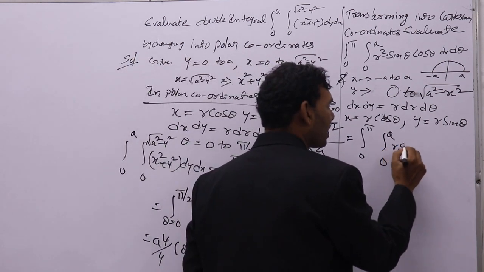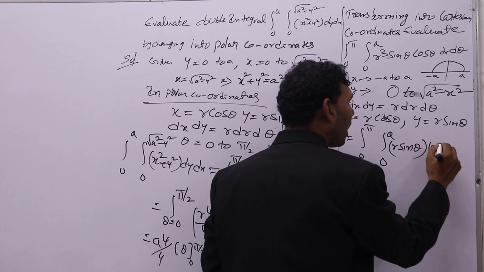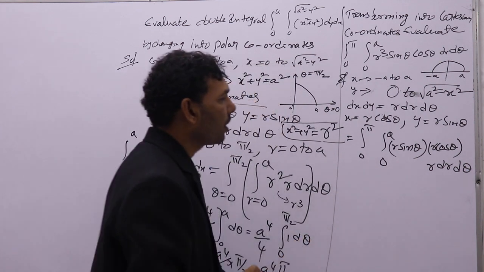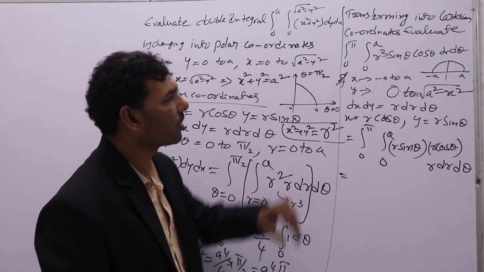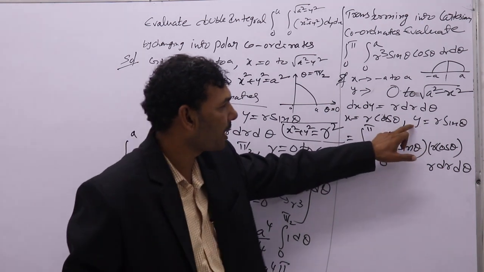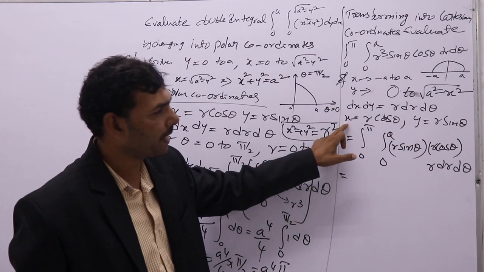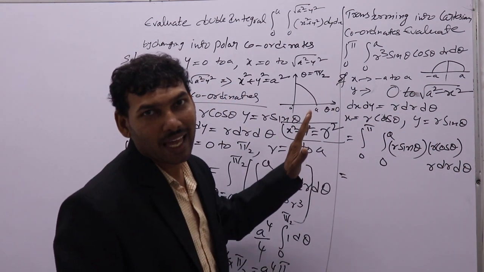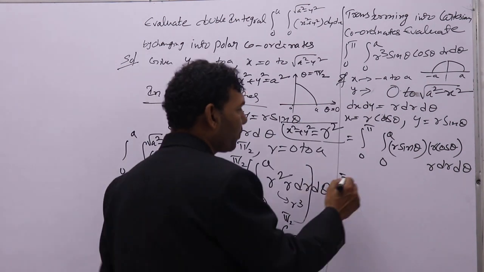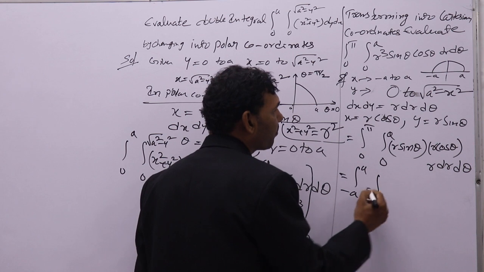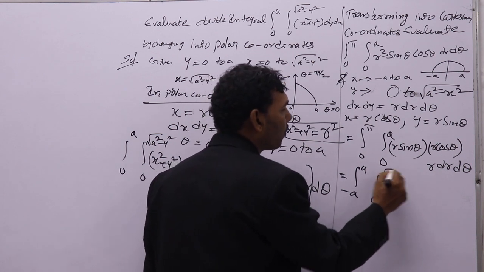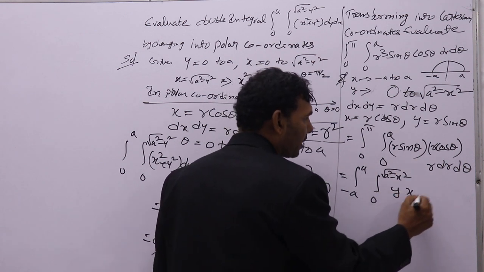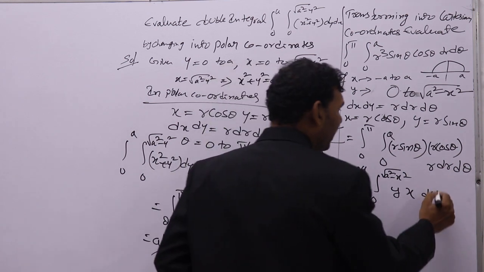Like this: r sin theta, one r cos theta, another r dr d theta. Now I am going to substitute those values. In the place of r sin theta I can write y. In the place of r cos theta I can write x. In the place of r dr d theta I can replace dx dy, by taking Cartesian limits, that is x from minus a to a, y from 0 to root a square minus x square. So r sin theta is y, x, dy dx.